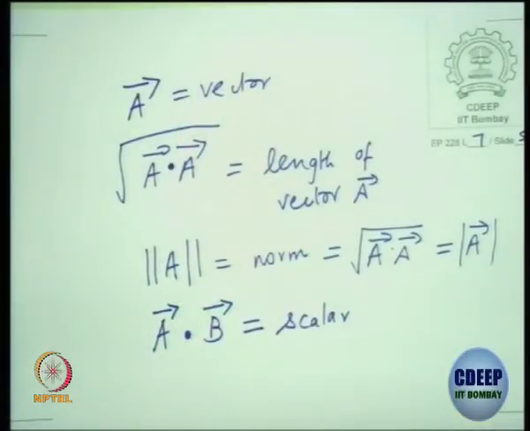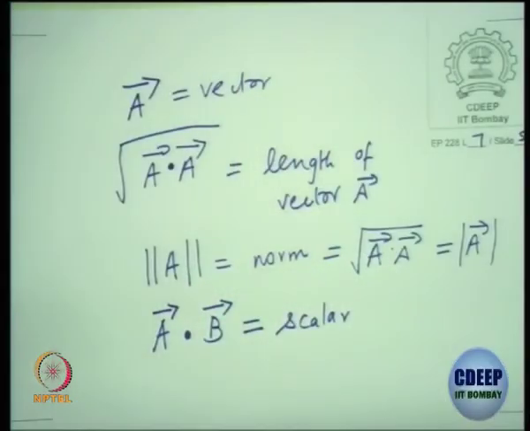Okay. So why is it called a vector? If you do a rotation, then you know how it will transform. Suppose I point the vector in one direction, you know how it will transform under rotation by some angle about some axis.